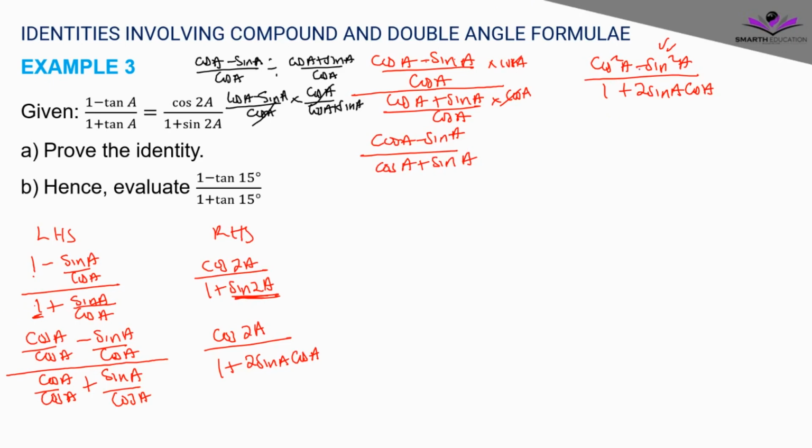Right, then we have difference of 2 squares here, so we have (cos a minus sin a)(cos a plus sin a). Remember here, 1 is equal to cos squared a plus sin squared a. So we can replace this one with cos squared a plus sin squared a and then create a trinomial.